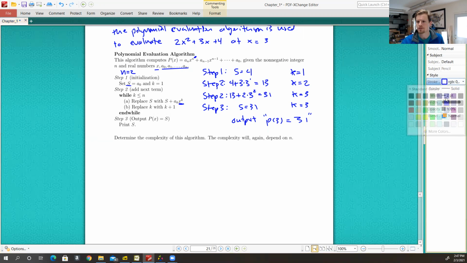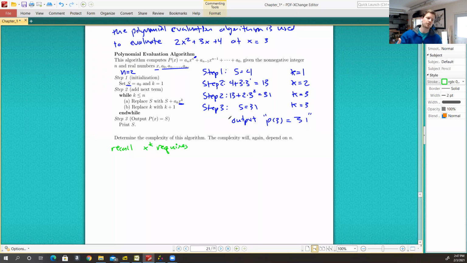So recall first, x to the n would require 3n minus 2 elementary operations. So x to the k requires 3k minus 2 elementary operations. All right, so we're going to need to use that a little bit later.